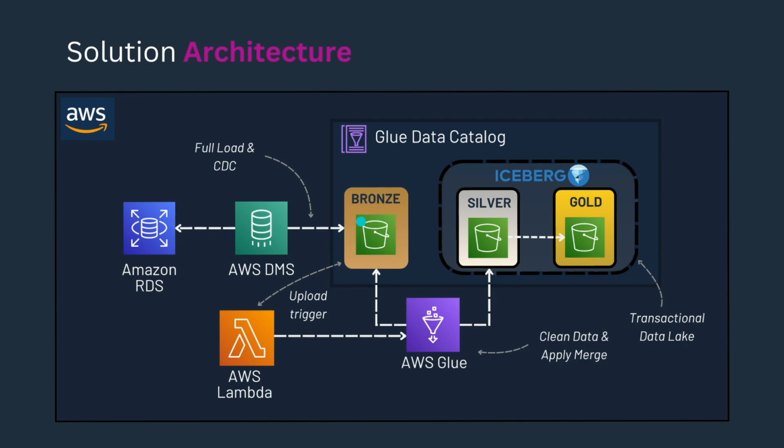And as we have performed this migration in DMS, a Lambda function was triggered to execute an AWS Glue job to then merge those insert operations, those CDC information, into our silver data lake S3 bucket. And this is what we're going to look into next.